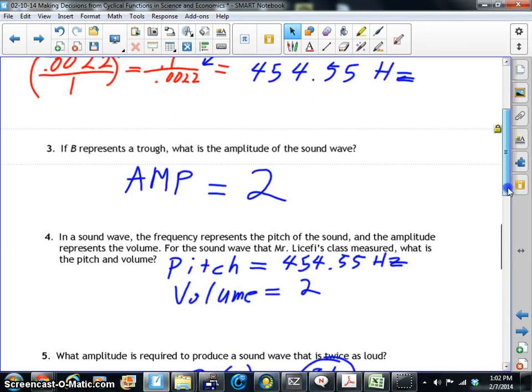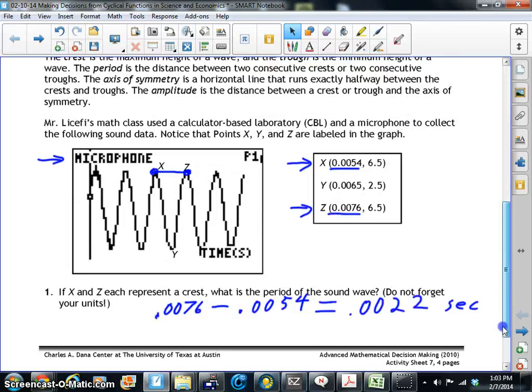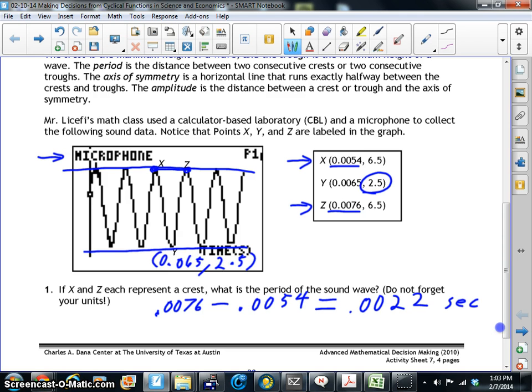Now, what is the amplitude? Okay, so what is the amplitude of this thing? Sorry about that. Our amplitude is given by looking at the maximum and the minimum y, when y is at its peak or at its lowest. The lowest y we have here is 2.5, which comes off of this point, 0.0065 comma 2.5.